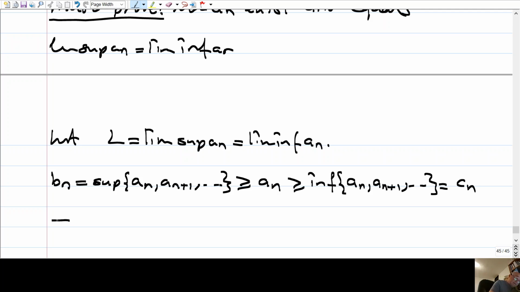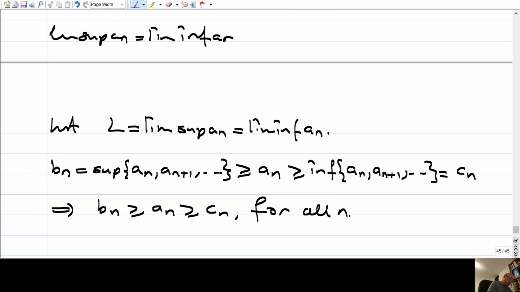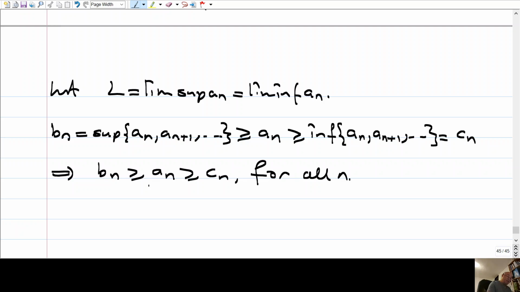I have Bn, an, and Cn for all n, and I know that Bn and Cn have the same limit. Well, this is by the squeeze theorem.